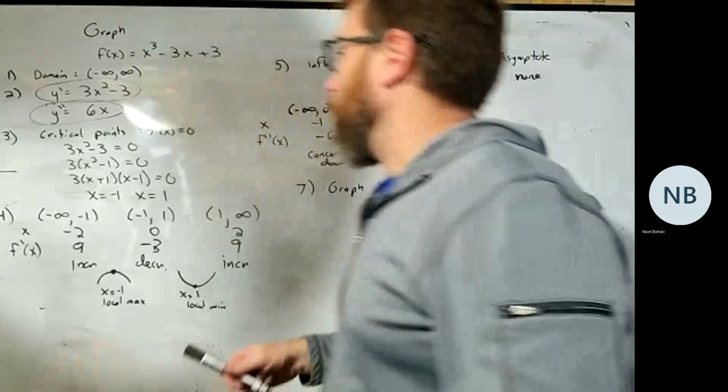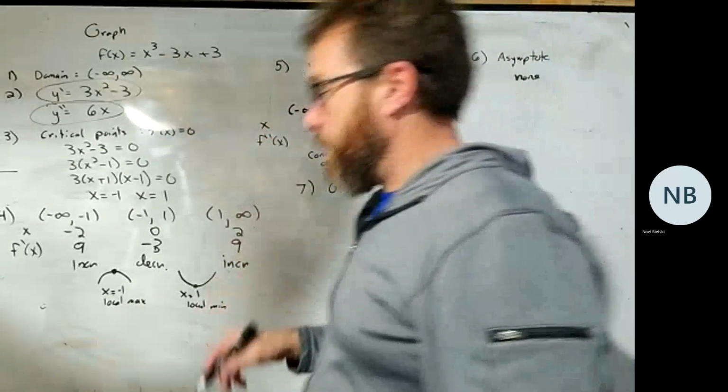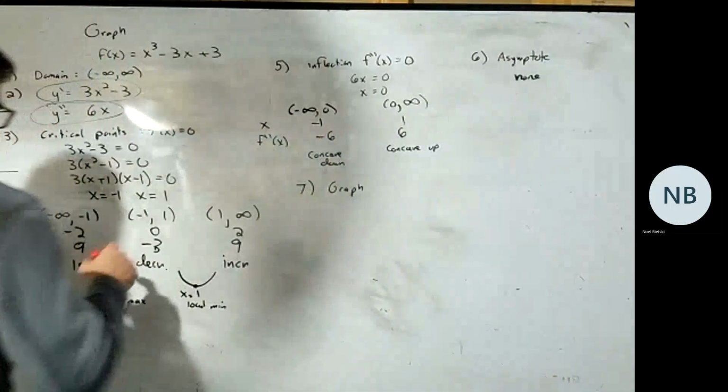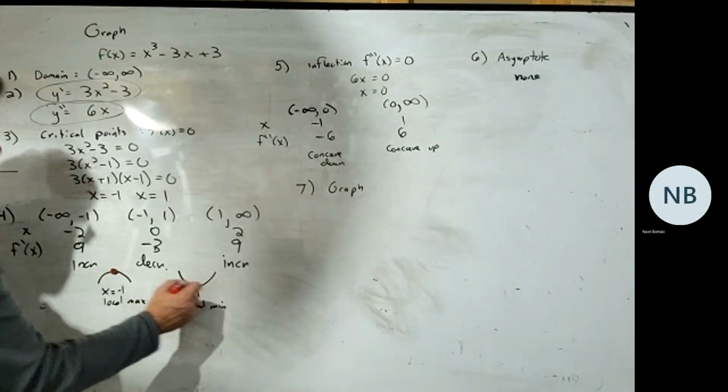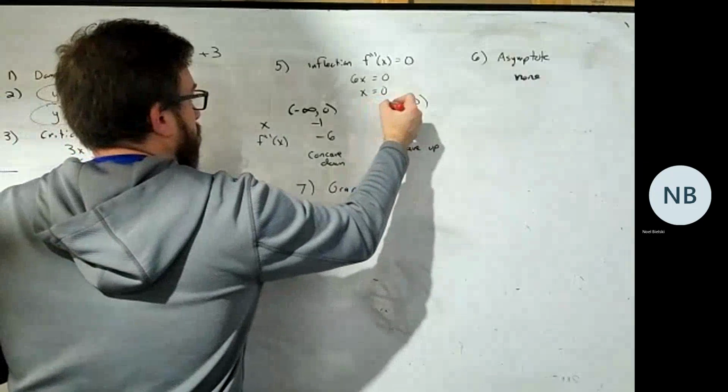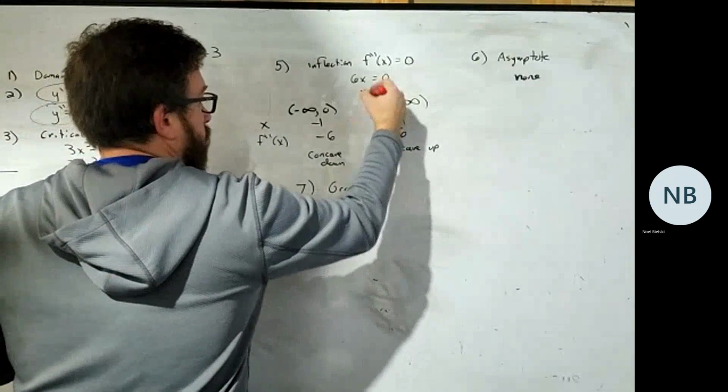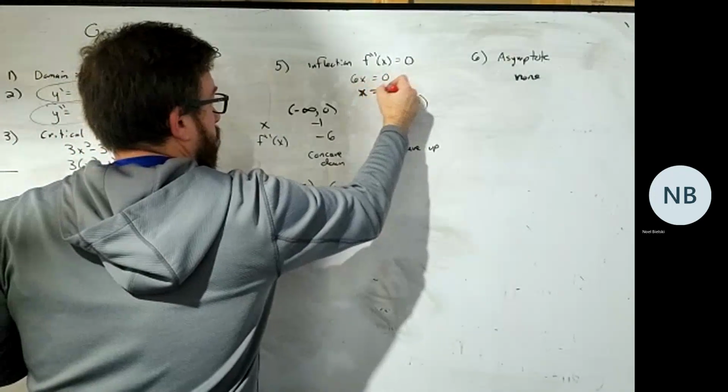To graph, I want to graph all these special points that we found: x equals -1, x equals 1, and x equals 0.